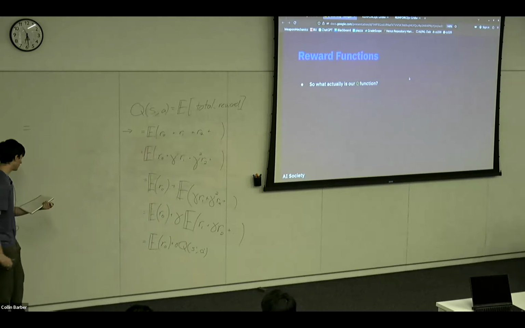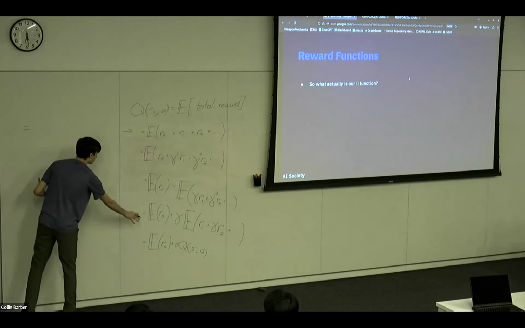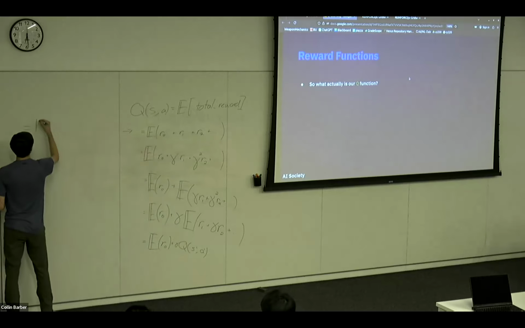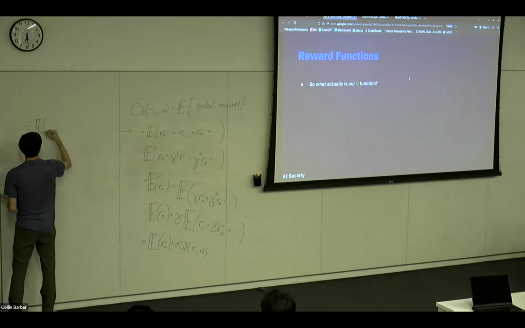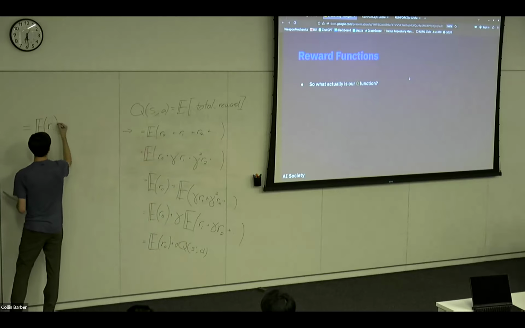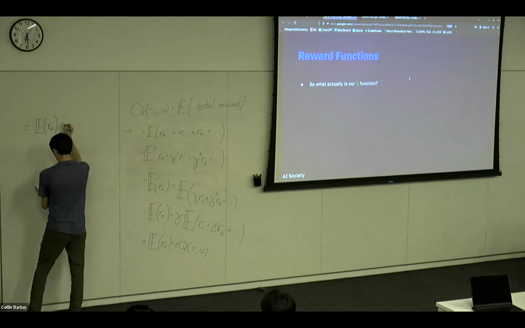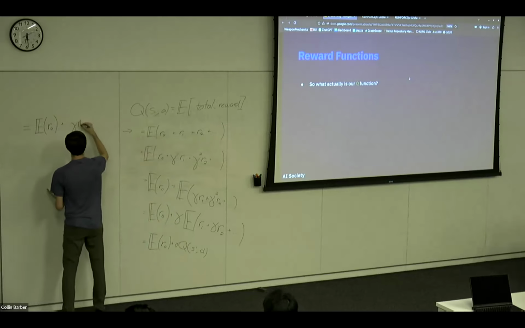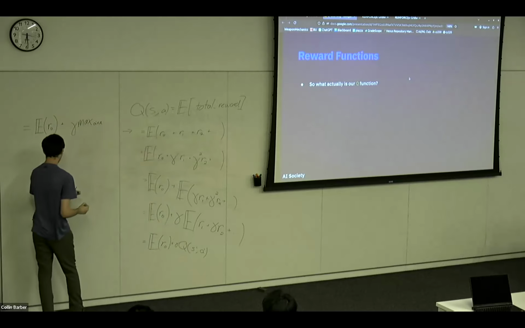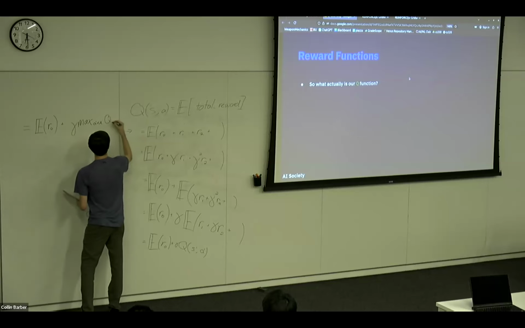So we can say that this whole expectation value, just like before, is the expected reward, reward 0, and then we can add in our gamma term, and then max of A prime in our action space of our new state and our action.